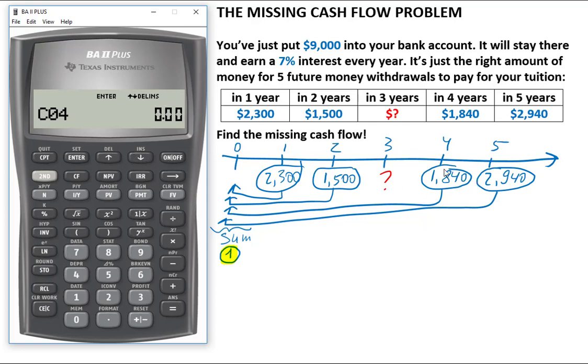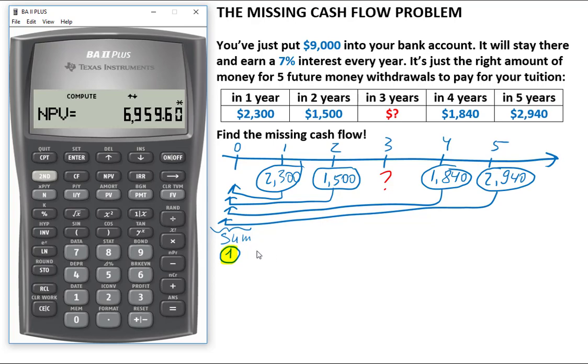And then input the remaining 2 amounts for years 4 and 5. 1,840, enter, down, down. 2,940, enter, down, down. We are done. Now press NPV, change the interest rate to 7% per year, 7, enter, down, and then press compute.